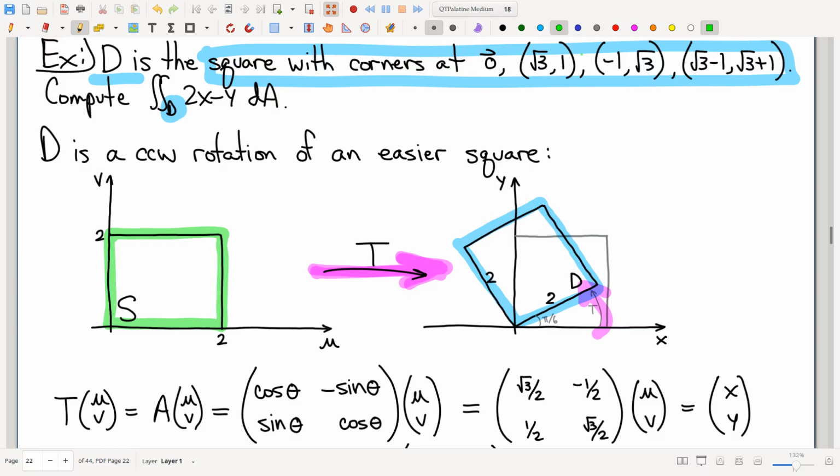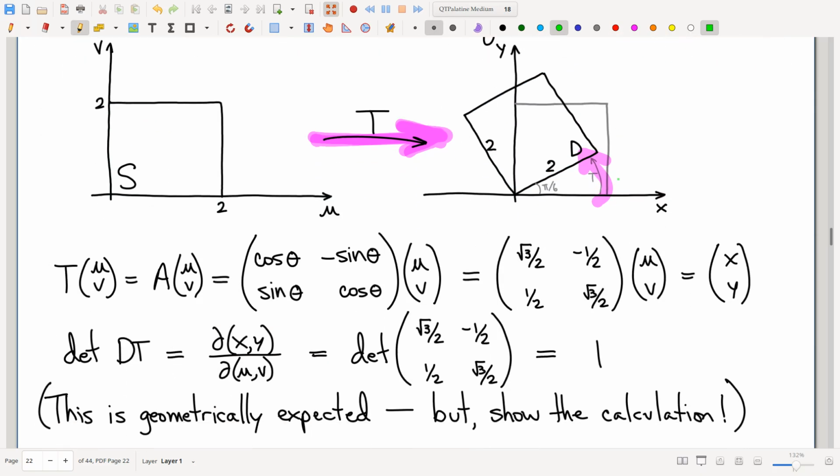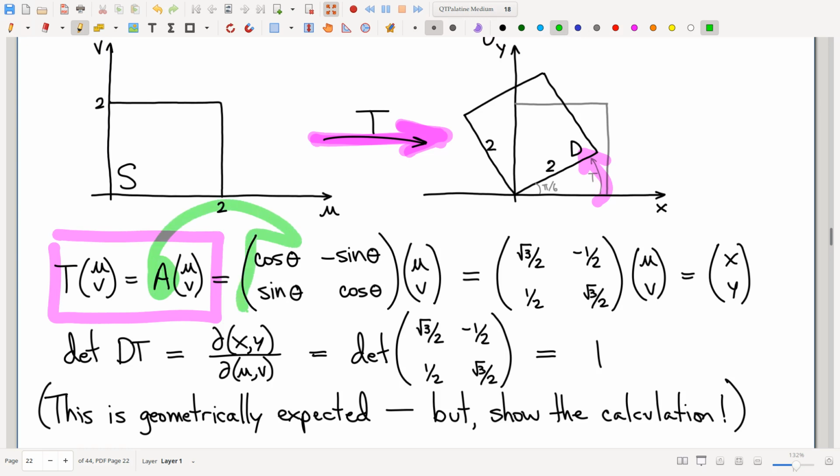Okay, so next question, how do I do that rotation? This rotation by an angle pi over 6, I'll remind you, rotations are linear transformations. Linear transformations are represented by matrices, and matrices have the feature that the columns are the images of the standard basis vectors. Y'all remember all that linear algebra stuff.